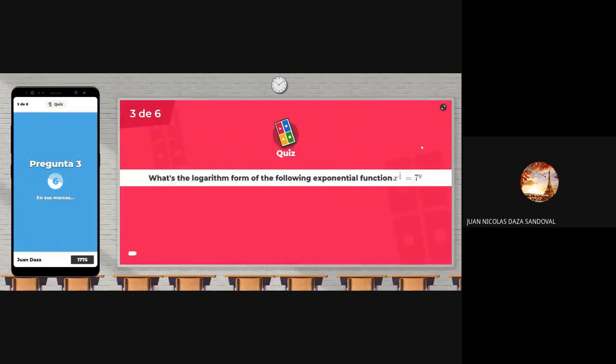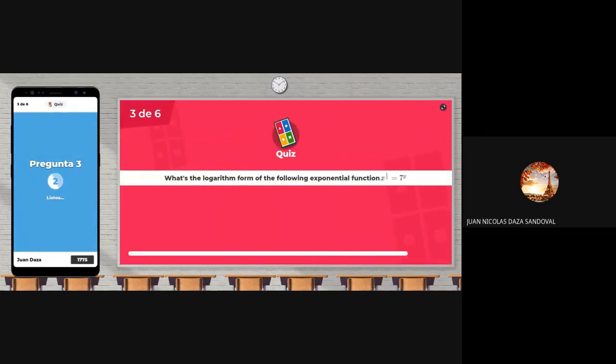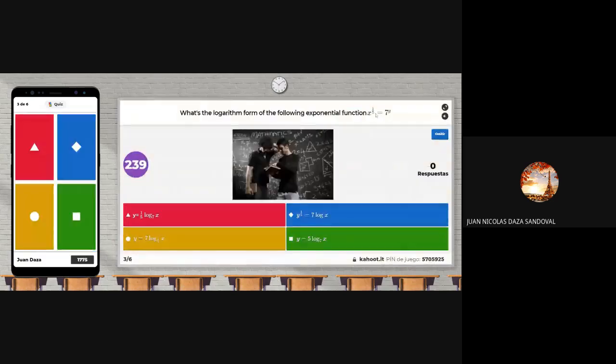Now the next question: what's the logarithm form of the following exponential function? x elevated to 1/5 equals 7 elevated to the y. In this case, we isolate the y, and as you can see, the y won't be elevated to 1/5, so we can discard the blue as the correct answer.